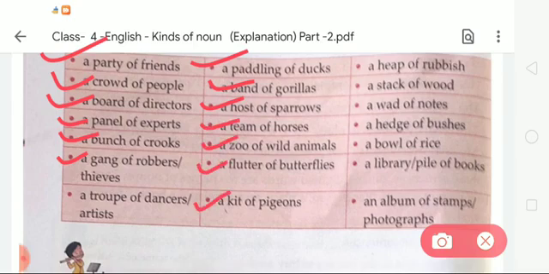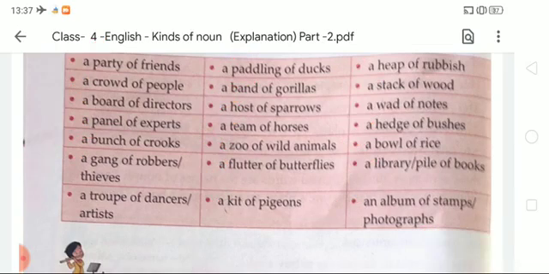In things, a heap of rubbish, a stack of wood, a bundle of notes, a hedge of bushes, a pile of books, an album of stamps, photographs. These are some examples of collective nouns.